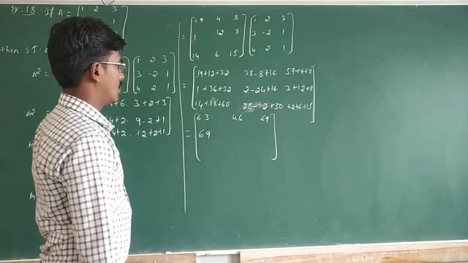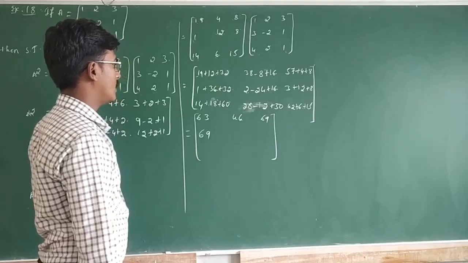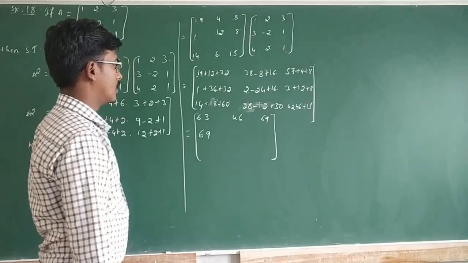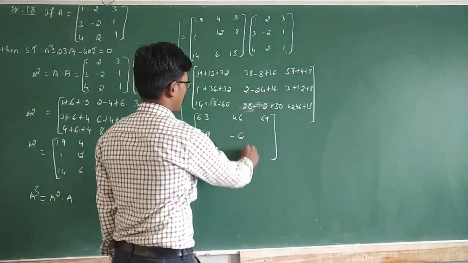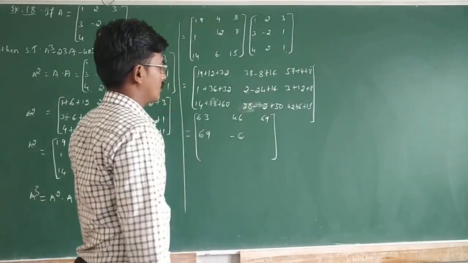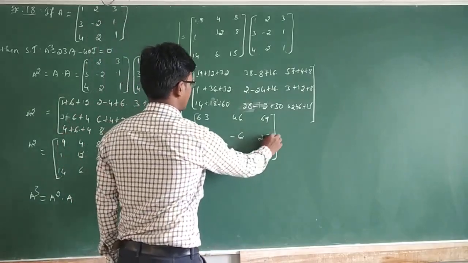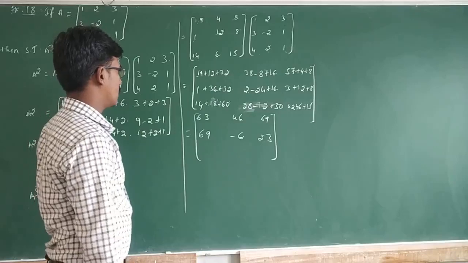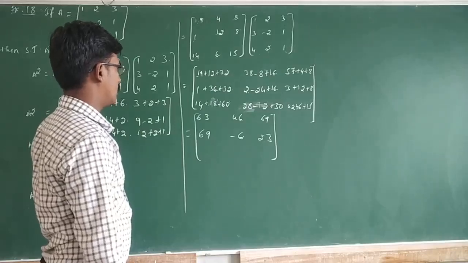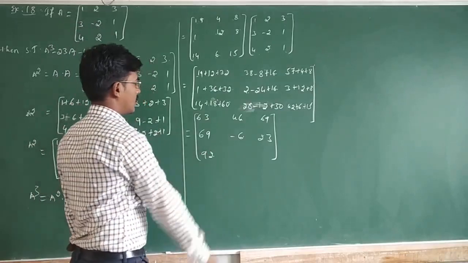Next 2 minus 24 plus 16: 16 plus 2 is 18, 18 minus 24 is minus 6. 3 plus 12, 12 plus 8 is 20. Next 60 plus 10, 70 plus 10 is 80, 80 plus 10 is 92. 92.